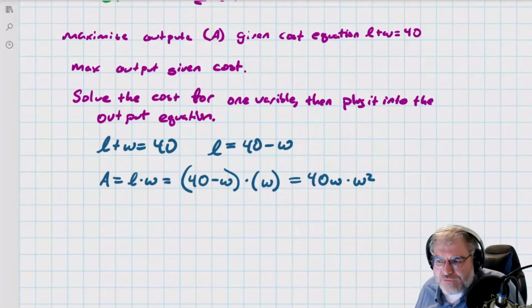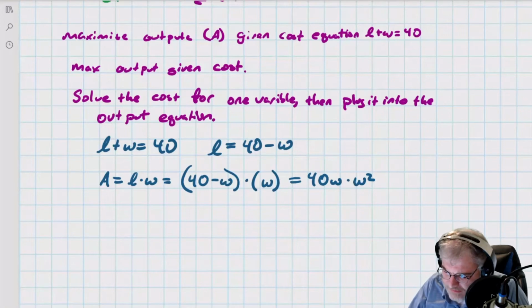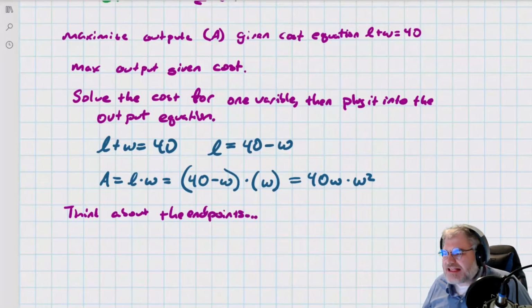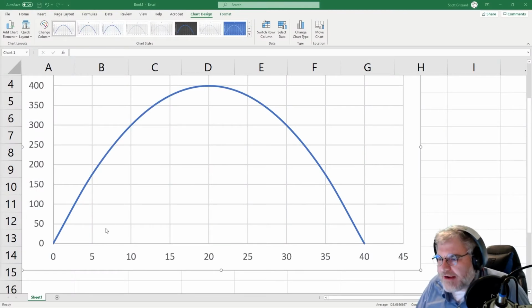Now I need to think about what the endpoints are. Okay? Does it make any sense to have negative fence? No, right? Fence is a positive thing. So I've got endpoints, right? Negative fence makes no sense.